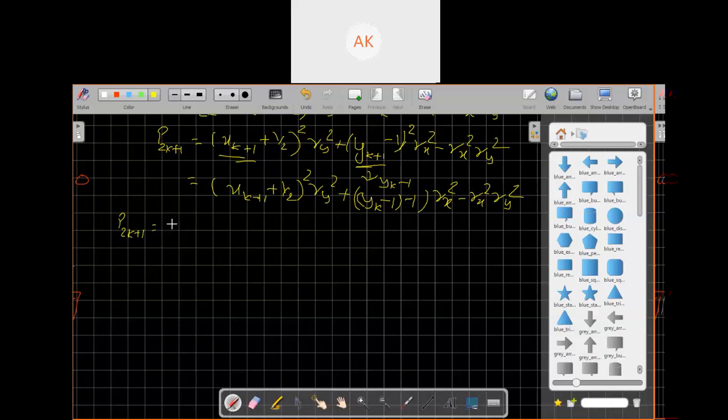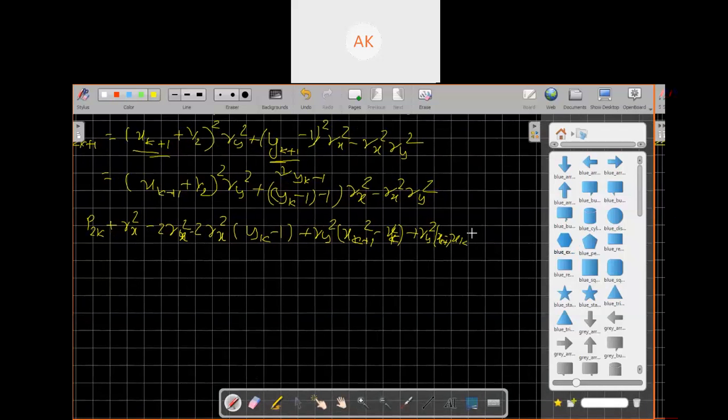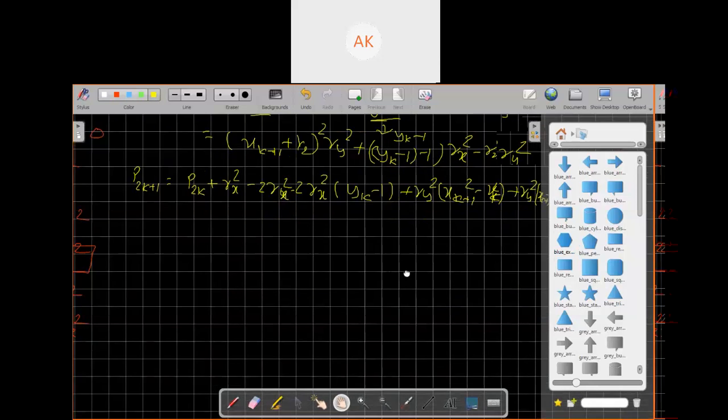You will get p2k, the initial decision parameter, plus rx square minus 2rx square (yk minus 1) plus ry square (xk plus 1 square minus xk square) plus ry square (xk plus 1 minus xk). This is the next decision parameter.